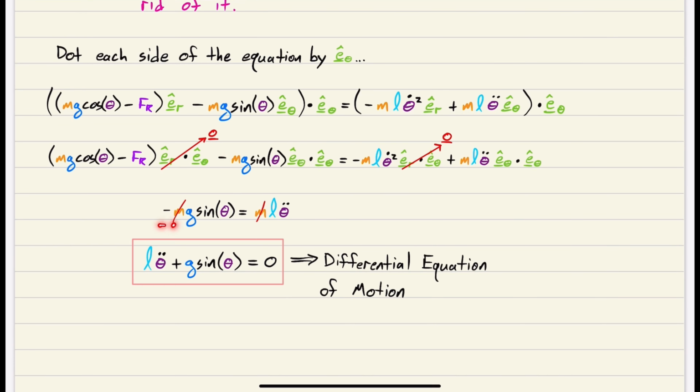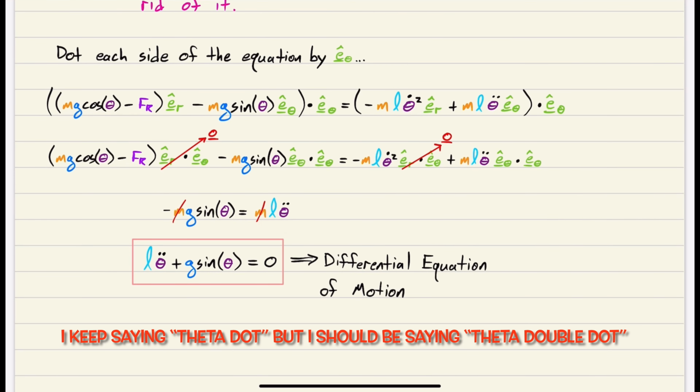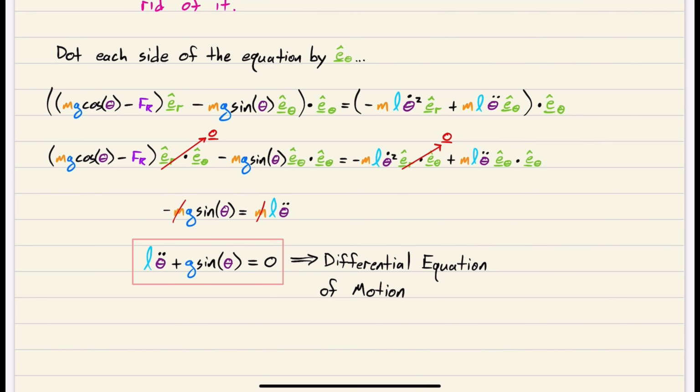Negative mg sine theta equals m L theta double dot. We can cancel m on both sides, and then we're left with, drum roll, the differential equation of motion. We did it. The differential equation of motion for a pendulum with a rigid massless link is L theta double dot plus g sine theta equals 0.